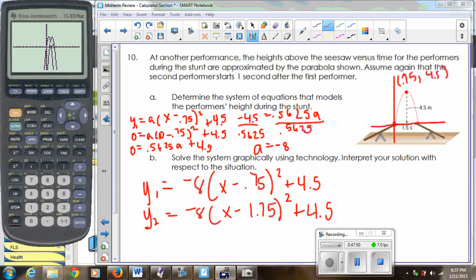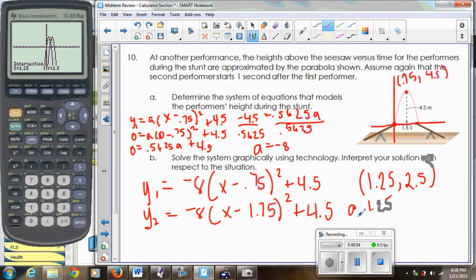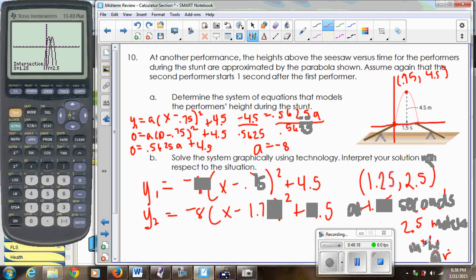And I can see that they intersect right about there. And so if I hit second trace, intersect, I get that they intersect at 1.25 and 2.5. So that's 1.25 seconds. They are 2.5 meters in the air. Okay.